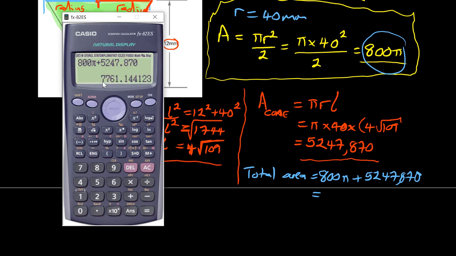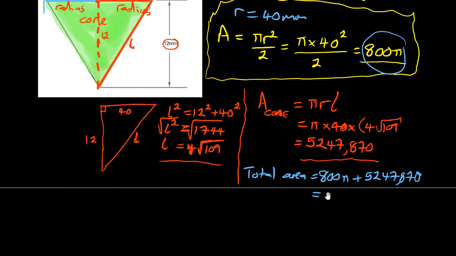It becomes the final answer in this case. It becomes 7761.144. So it's 7761.144.